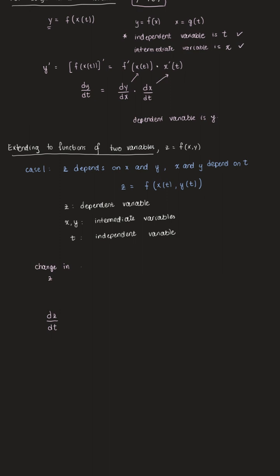Well, a change in z is going to come from two different places. One will be the change in z that's coming from a change in x. And the other, which we're going to add the two contributions to the change in z, the other comes from a change in z from a change in y.